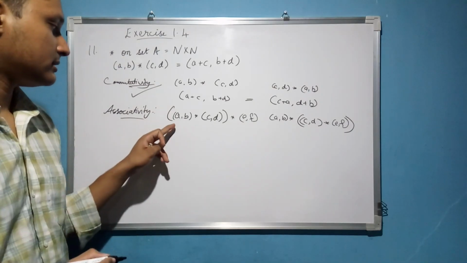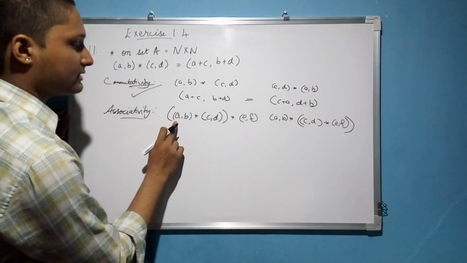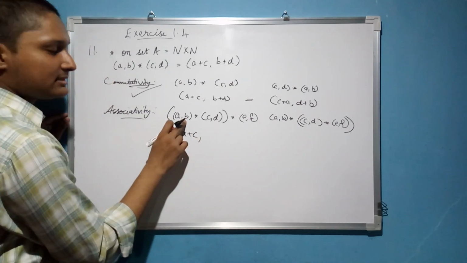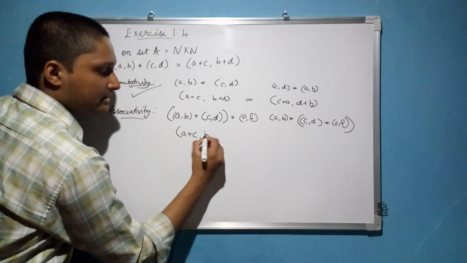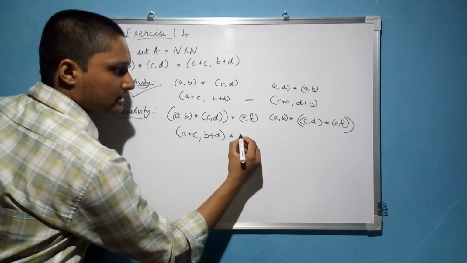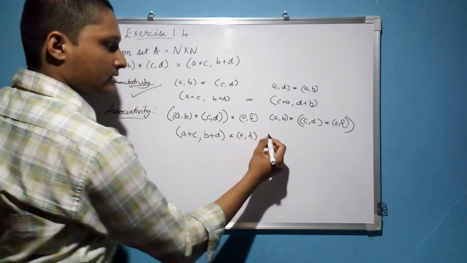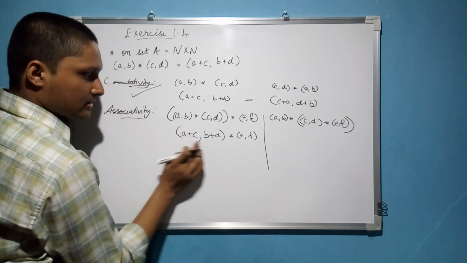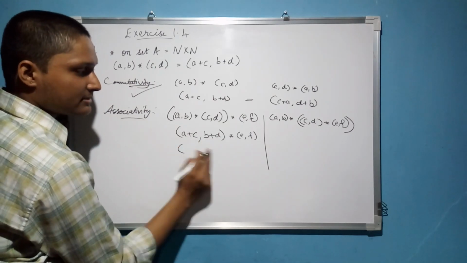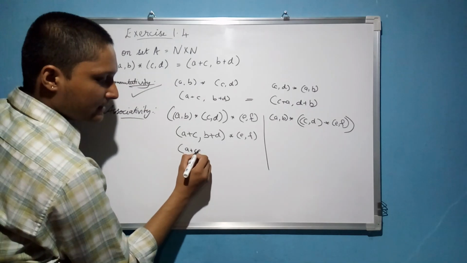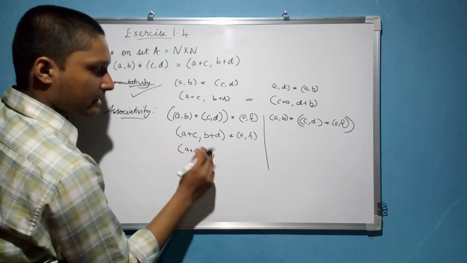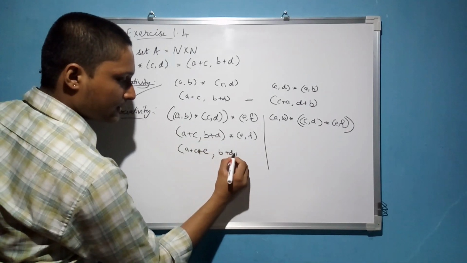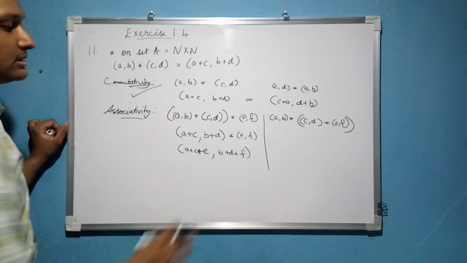Now this with this, the first element of this plus the first element of this comes to be a plus c, and the second of this and second of this you need to add: b plus d, star (e, f). Again, first of this plus first of this, that is a plus c plus e, and second, b plus d plus f. So this is this one.